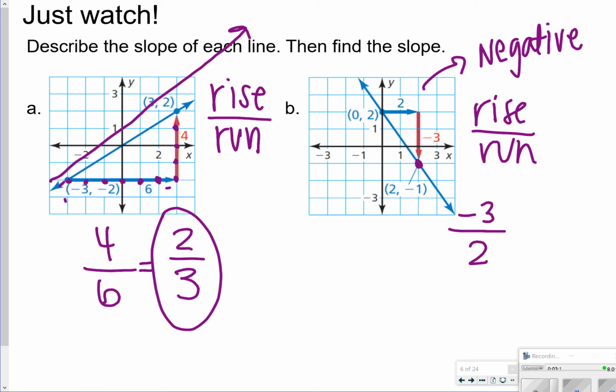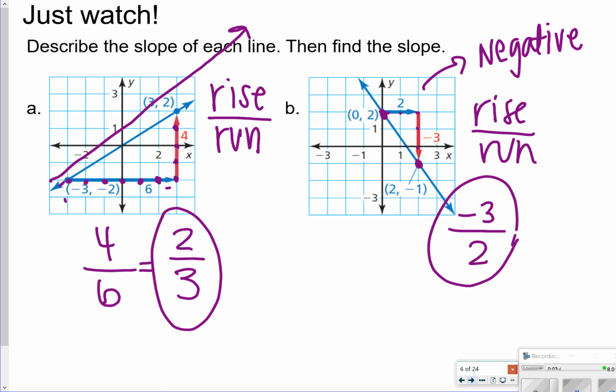Again, you can do that by finding 2 points on the line and seeing rise, 1, 2, 3, and then run over 2. You can keep it as -3 halves, or you can say -1 1/2, but really you want to keep it in fraction form because when we get into the graphing portion tomorrow, it's going to be easier to graph a fraction where you've got a specific number for the rise and a specific number for the run.